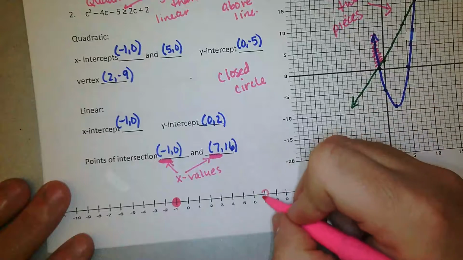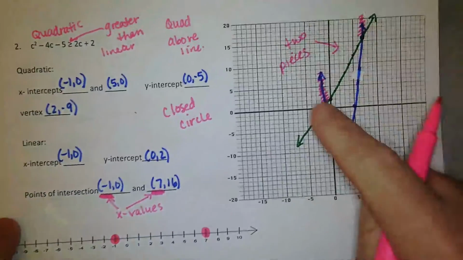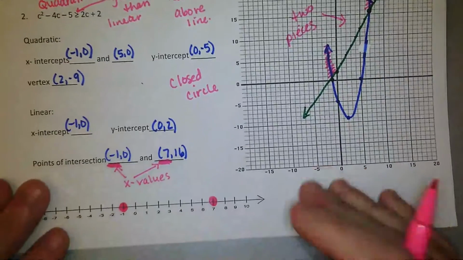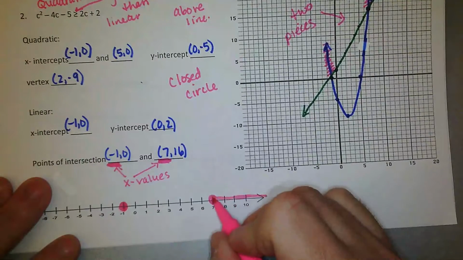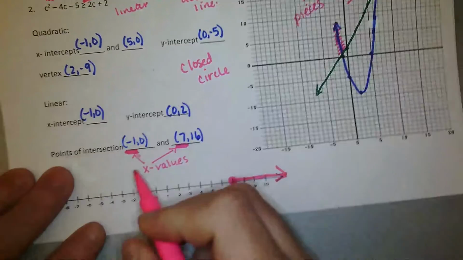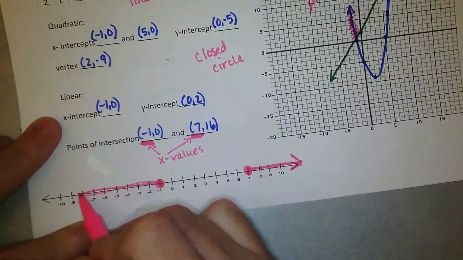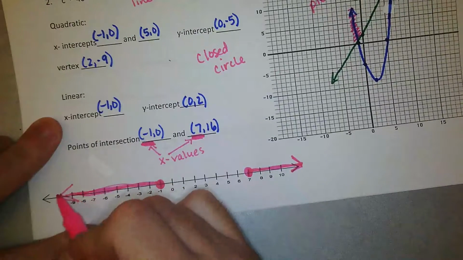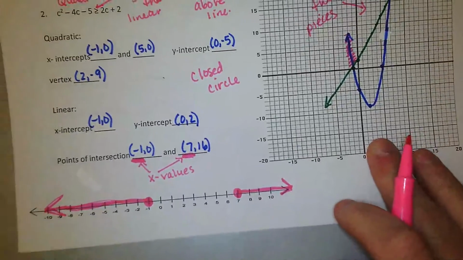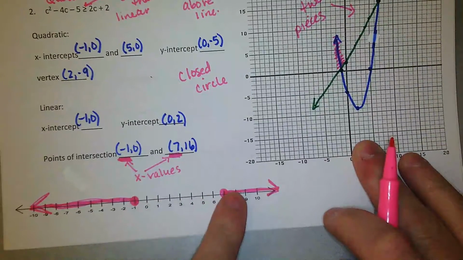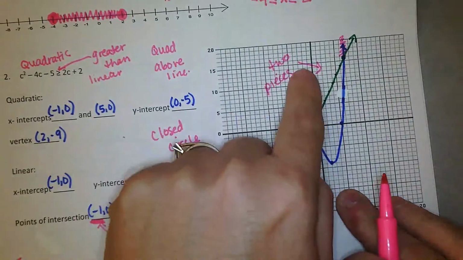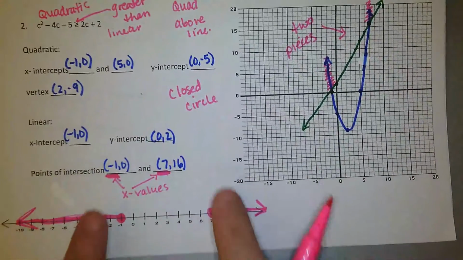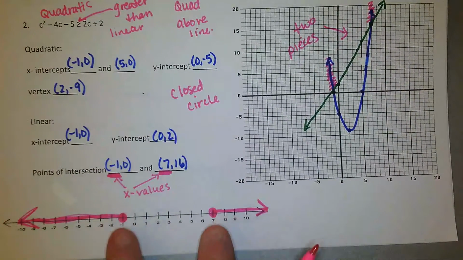Closed circle on 7. And they're two separate pieces. So when there's two separate pieces, you go in opposite directions. So you've got this guy here, and you've got this one here going in this direction all the way that way. So that's what it looks like. That's what it is on the number line. So when you have two pieces that are poking out, you're going to have opposite ends going.